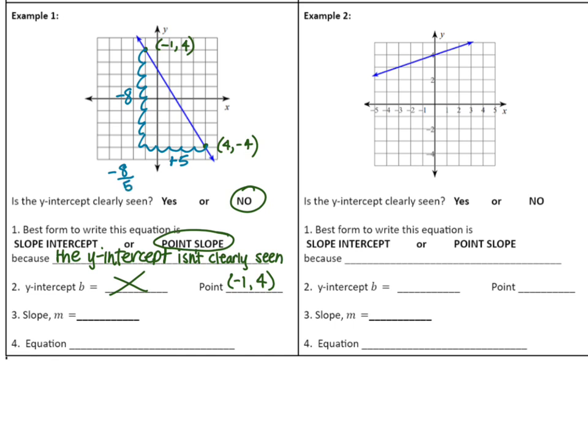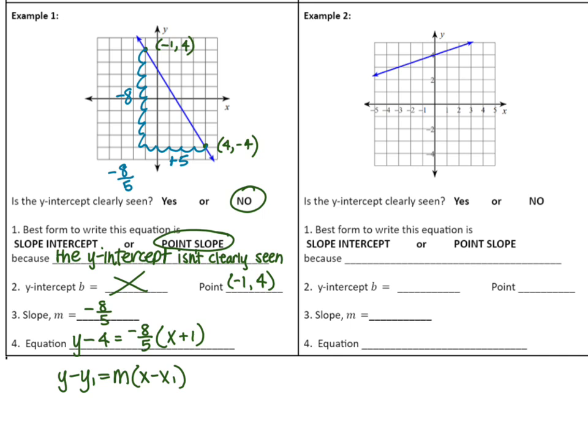My equation is going to be written in point slope form, which is y minus y1 equals m, parentheses x minus x1. So I take y minus my y value, which was 4, equals negative 8/5, parentheses x minus my x value, which was negative 1, so I can write x plus 1. And there we go.